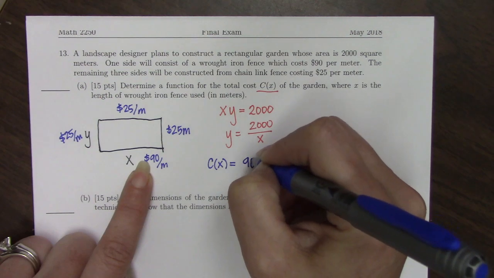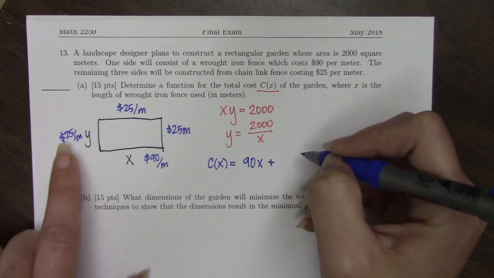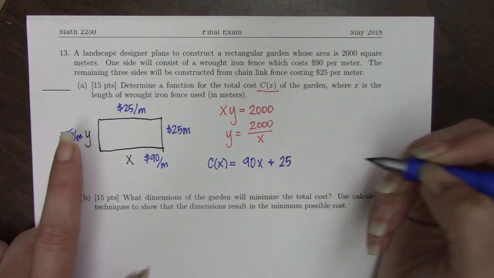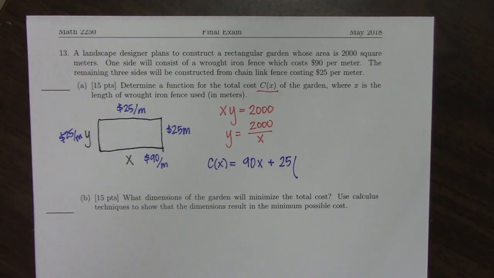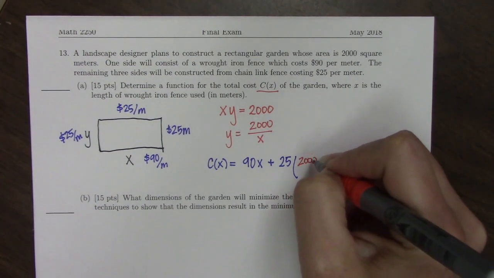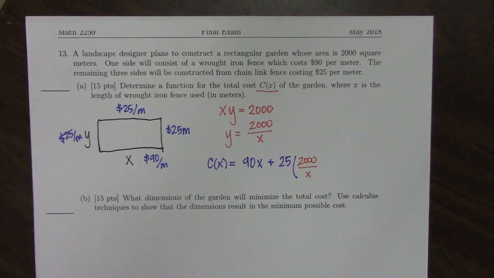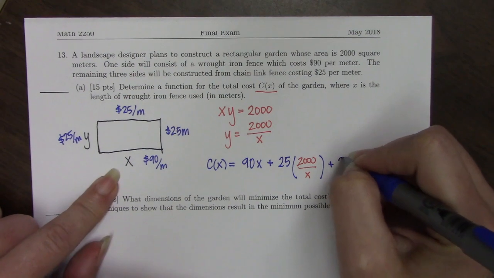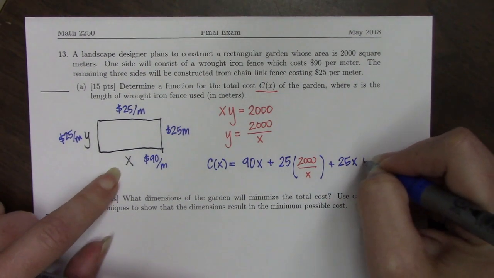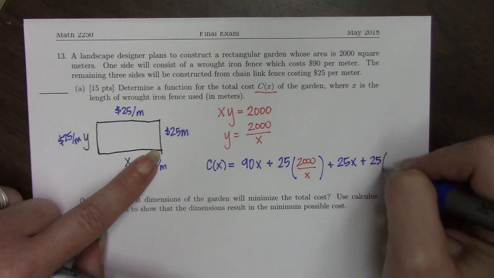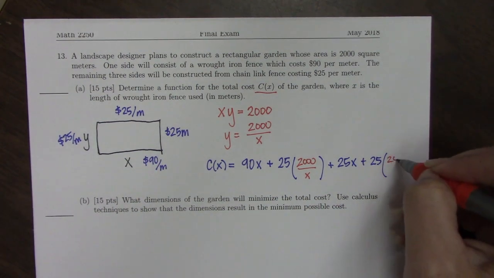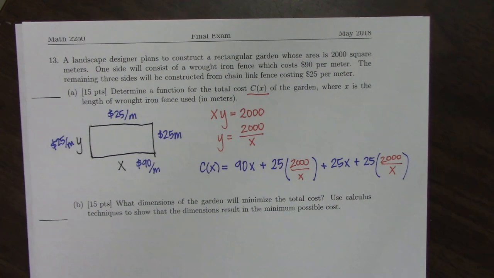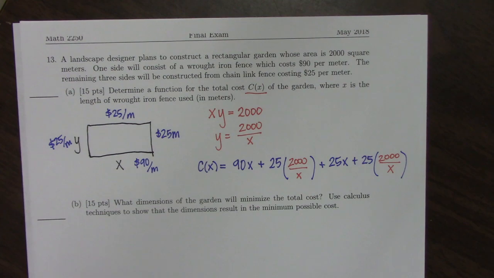So we're going to have 90x plus 25y, but we want y as a function of x, so it's 25 times 2,000 over x, plus this side is also length x, 25x, plus another side that is 25y, so it's 25 times 2,000 over x. So this is your cost function, and you're good to go for this part.